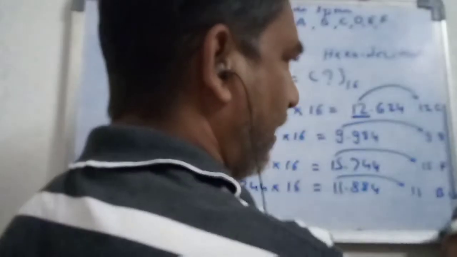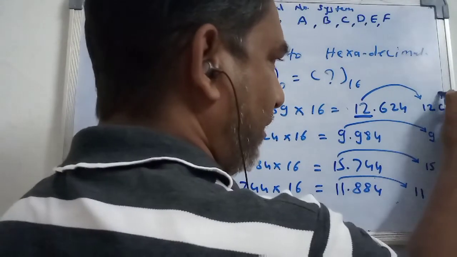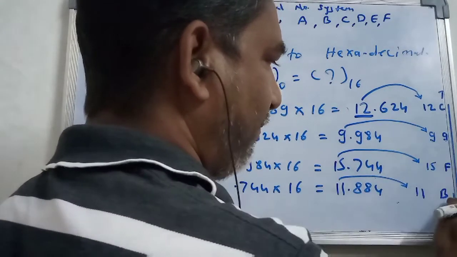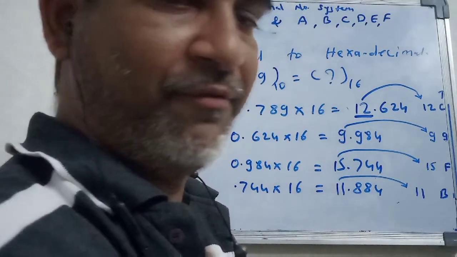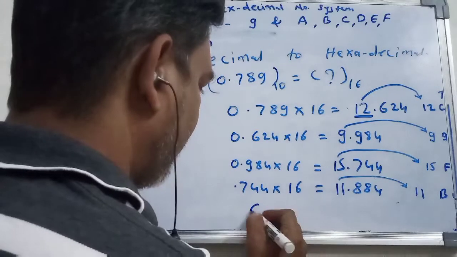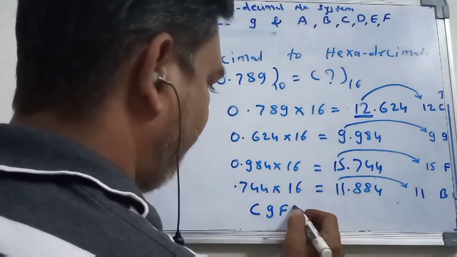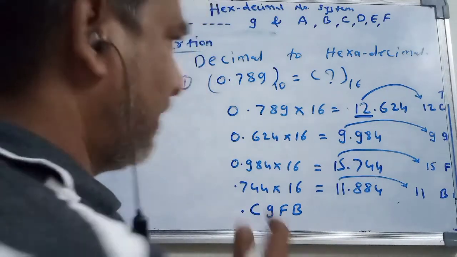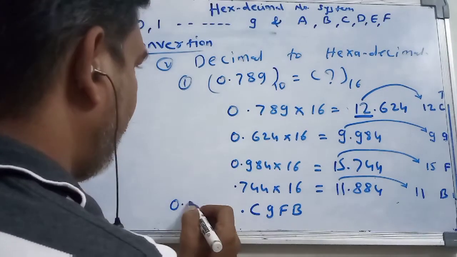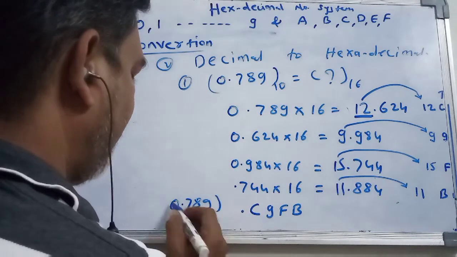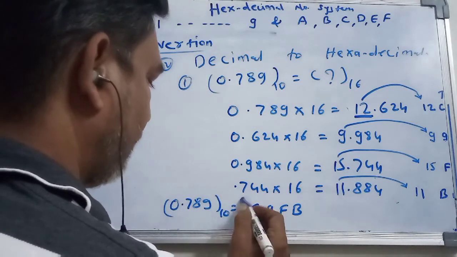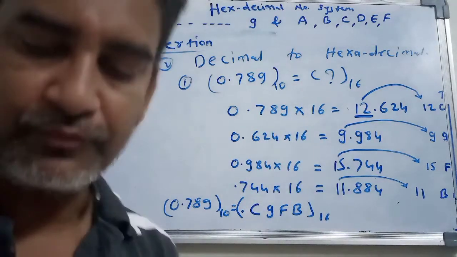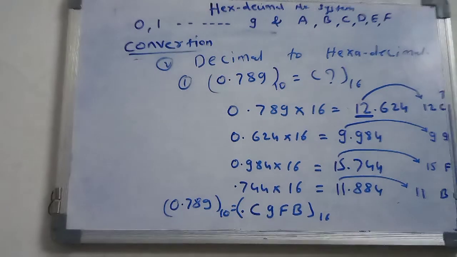From top to bottom you have to make the arrow, and from this arrow you write down the value, so C9FB is the value. C9FB is the answer: 0.789 with base 10 is equal to 0.C9FB with base 16. Okay, thank you.